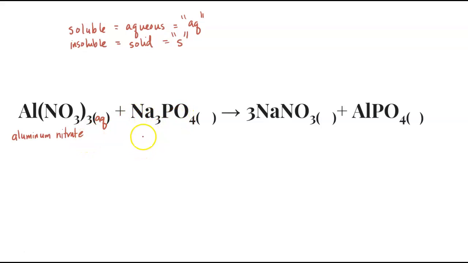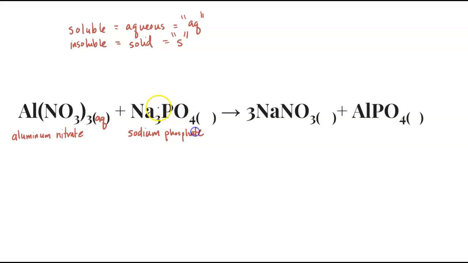Now let's work through this next chemical, Na3PO4. Same story, we recognize that this is an ionic compound with polyatomic ions, and so I'm going to call this one sodium phosphate.